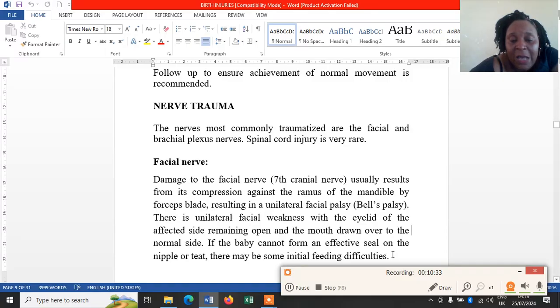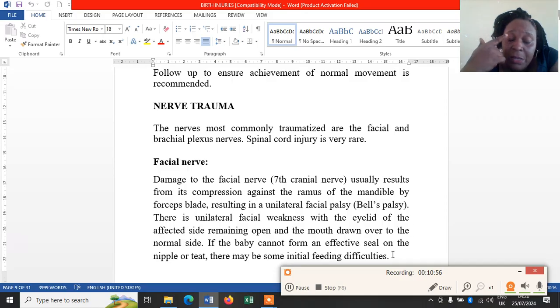when the facial nerve on one side is affected, usually it is unilateral, one side of the face is affected, and it will produce a weakness on one side of the face. And on the side which is affected, the eyelid will not be able to close. It will remain open.